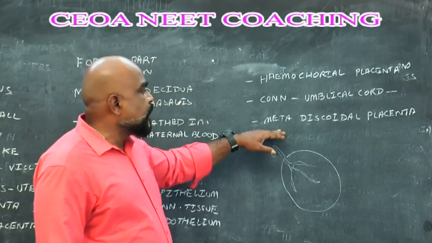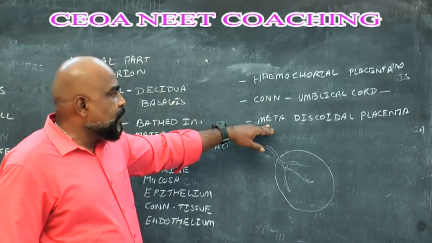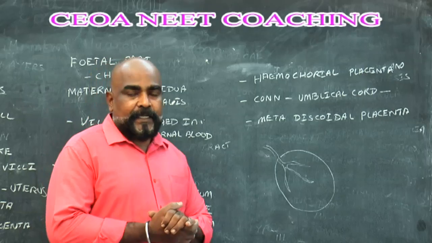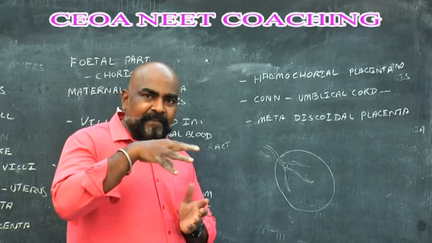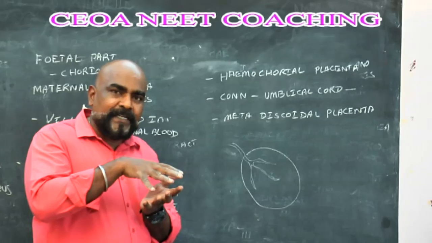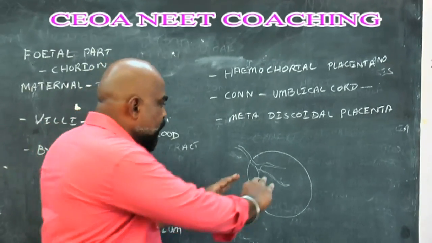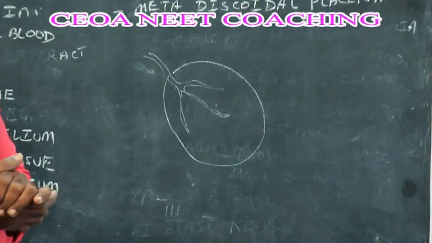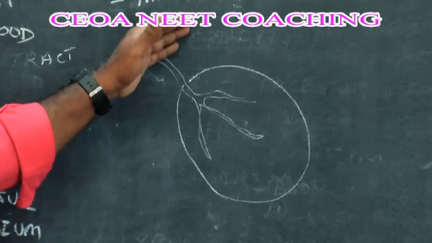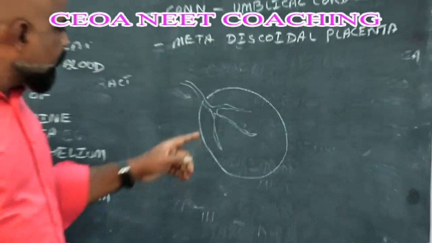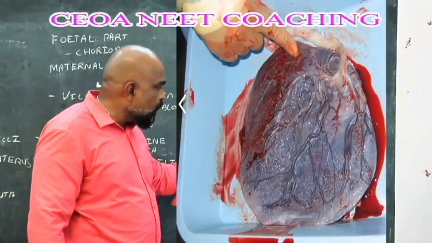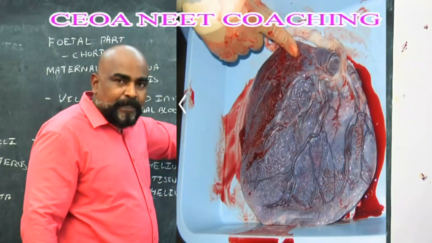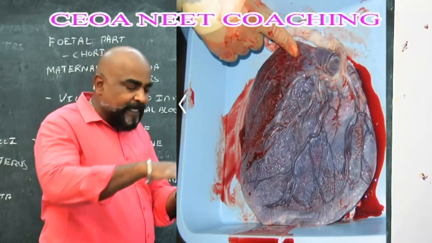The human placenta is called a metadiscoidal placenta because the villi penetrating into the mother tissue are restricted to a disc-shaped spherical area. In this diagram you can see the umbilical cord, which bifurcates and runs over the placenta. This is the placenta, a spherical disc-like structure.